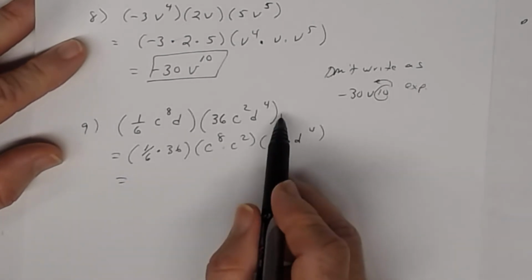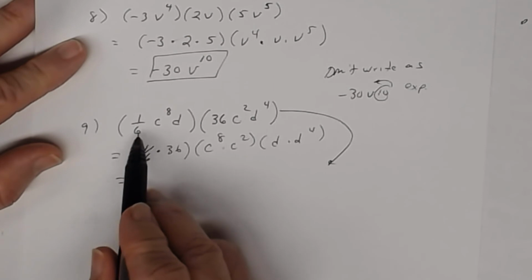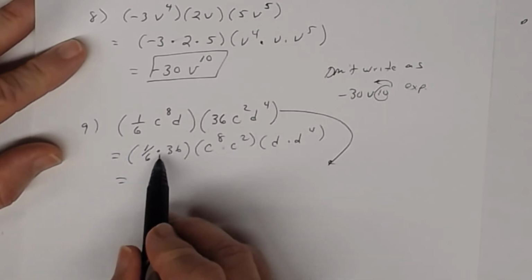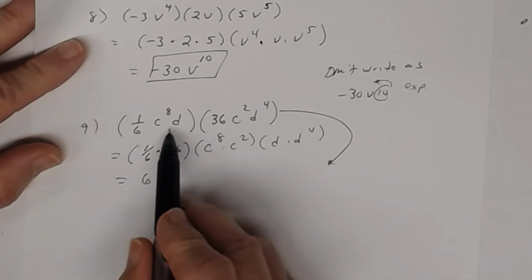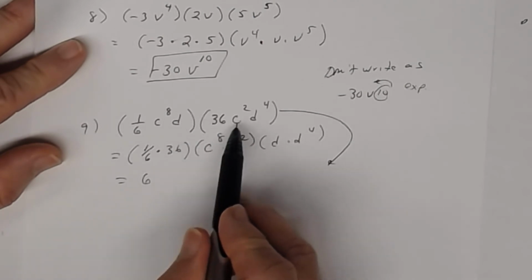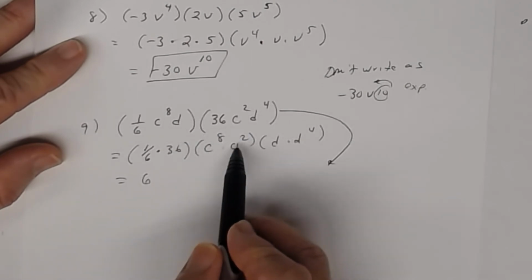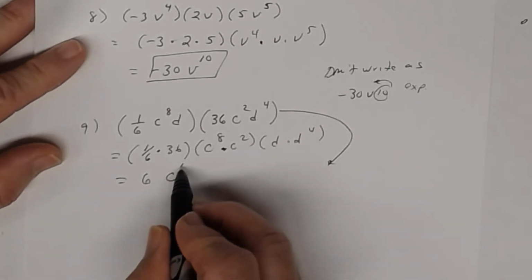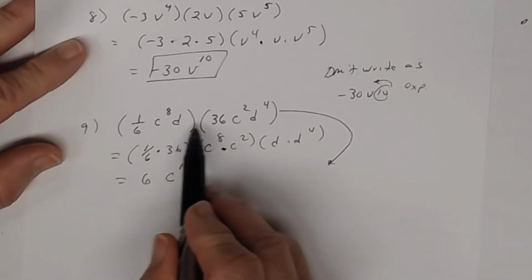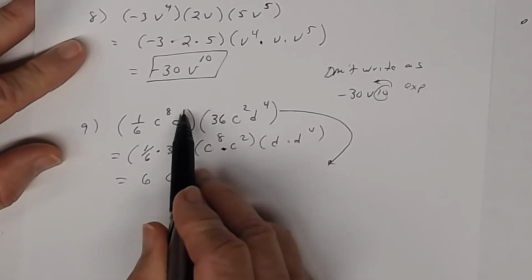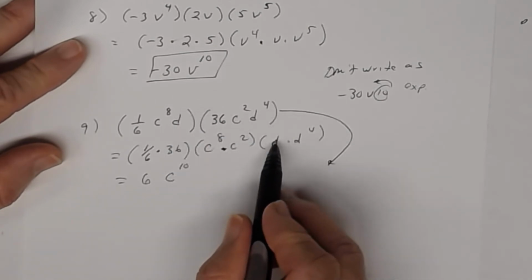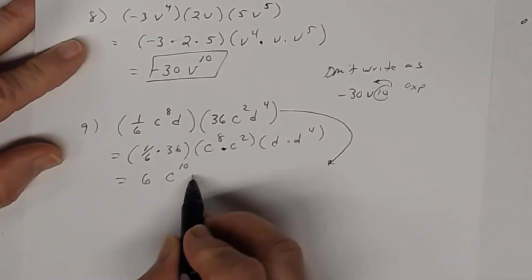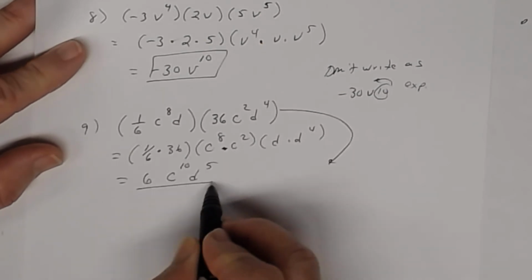But we know that we can go from here to here very easily, because 1/6 times 36 is 6. C to the 8th times c to the 2nd, multiply like bases, you add exponents, is c to the 10th. And then d times d to the 4th, so d to the 1st times d to the 4th is d to the 5th.